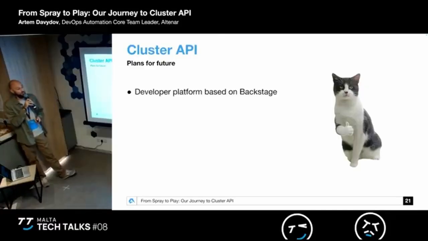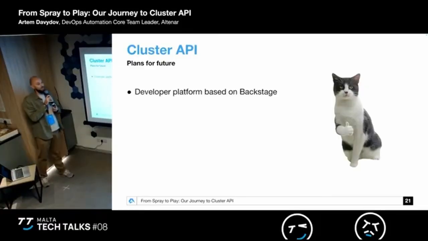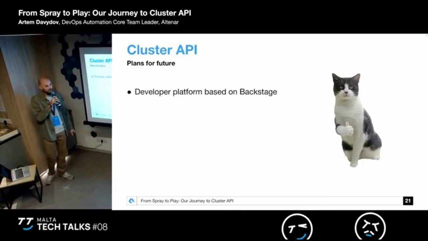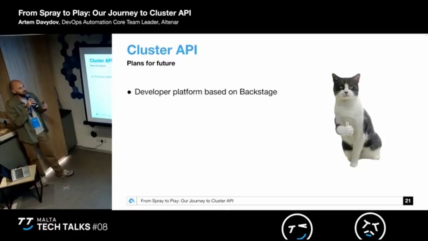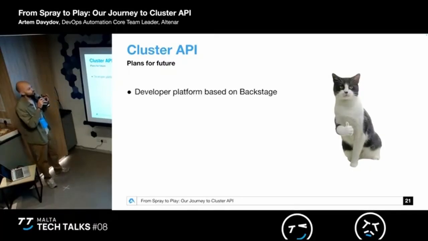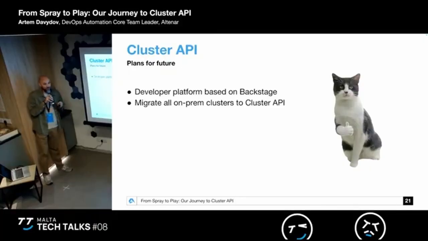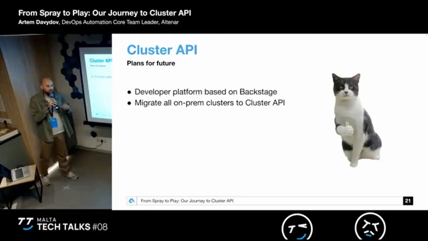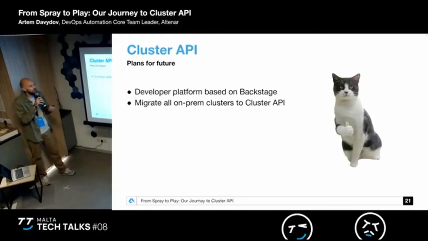So, plans for the future. We are thinking about a developer platform based on Backstage. I hope we will create it, and any engineer, any QA, any developer could create their own Kubernetes cluster for test purposes, for developer purposes, and just play with it.